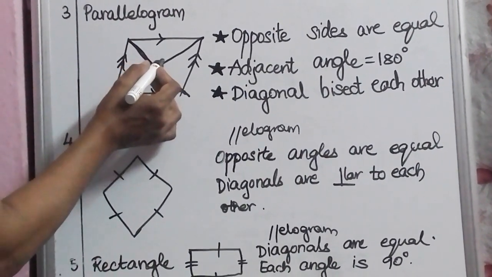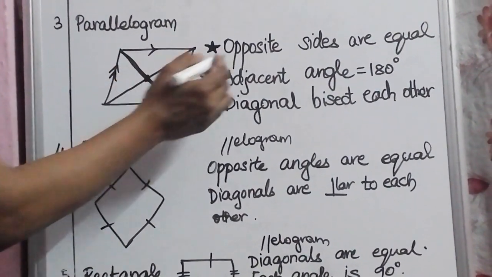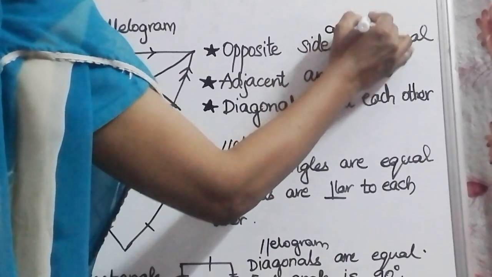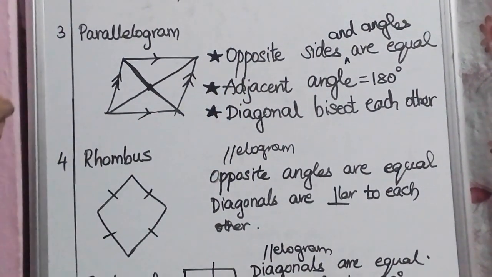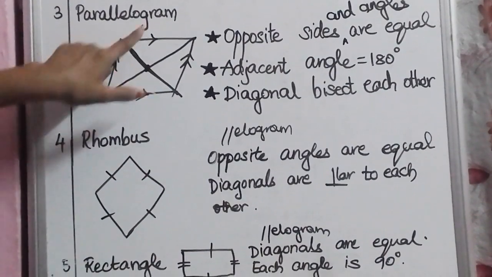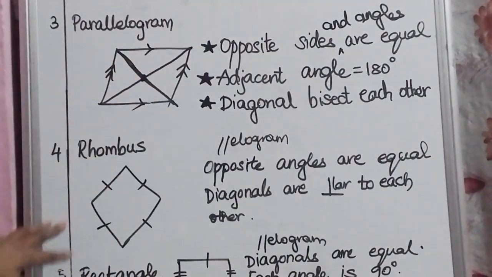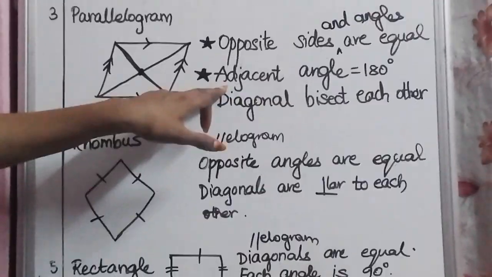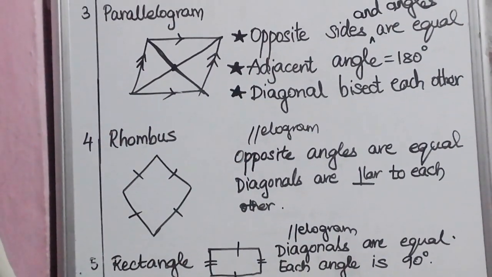But if you measure this angle, it is not 90, so that property is not there here. So remember this parallelogram: pairs of sides are parallel to each other, opposite sides and angles are equal, the sum of adjacent angles is 180 degrees, and the diagonals bisect each other.